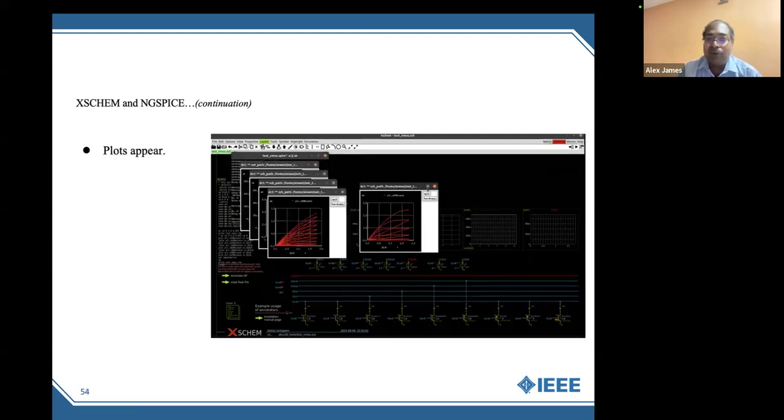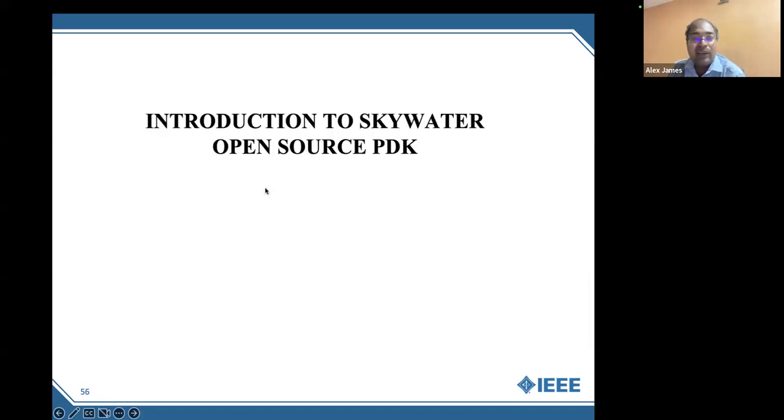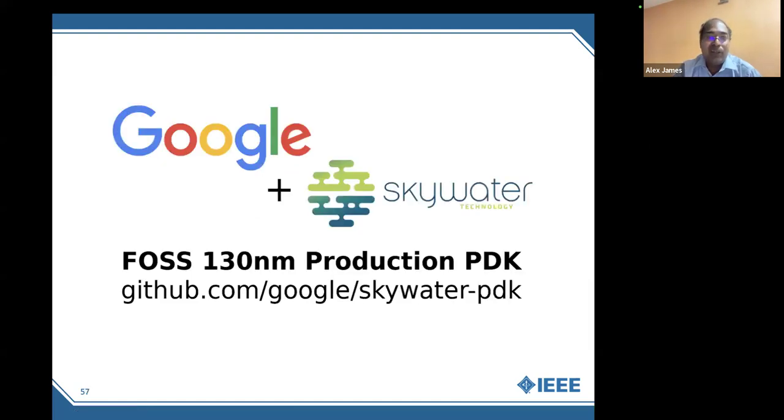And when you have invoked various IV characteristics or things like this in your simulations, then all of these things will show up. If you want to have a new design, then you basically go with the new design option and then click on the plus on the top to see that. And you can add the new files and so on and so forth.